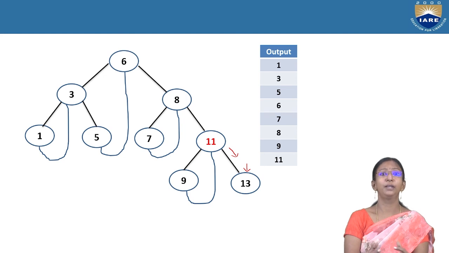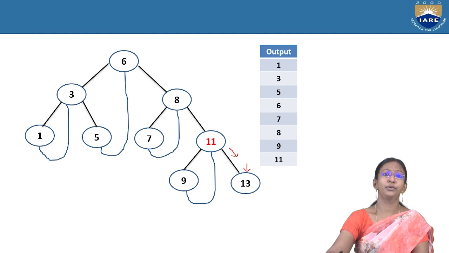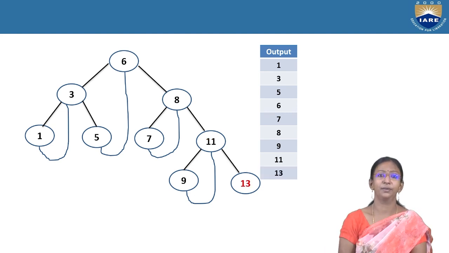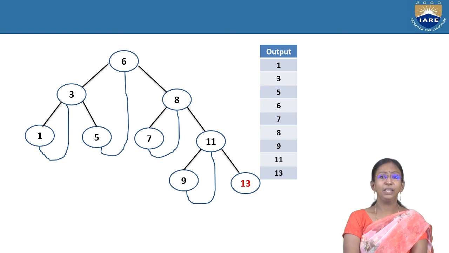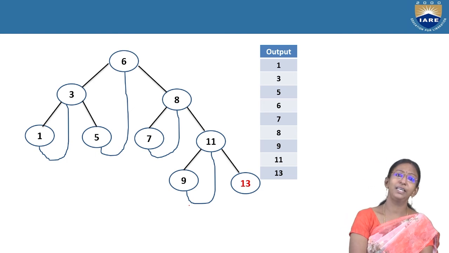As it is headed by 13, we need to go in the leftmost direction. Is 13 having any left child? No. As it is not having any left child, I am going to go with 13 as the next entry, right? There is no left child for 13, not even any right child.